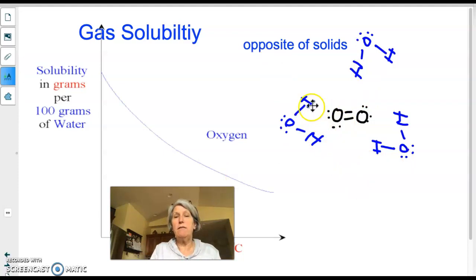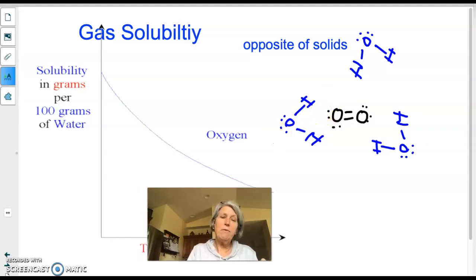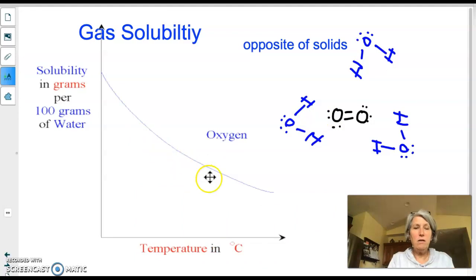So there is a connection here of the partial positive of the water being connected to these lone pairs of electrons of the oxygen molecule, right? So there's an attraction here. And remember, the idea is that as we increase the temperature, the solubility of this oxygen will decrease. Well, how could that happen?